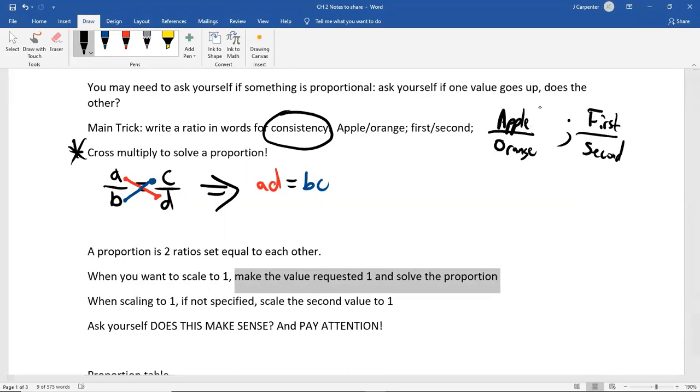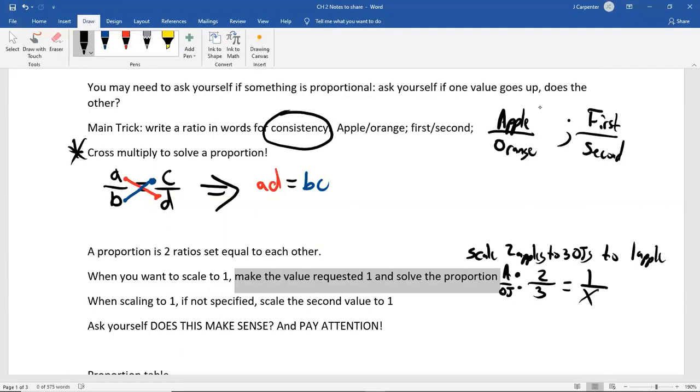So if I had something like scale 2 apples to 3 oranges to 1 apple, you'd have 2 over 3, because we're going apples over oranges, equal to, and because I said to scale the apples to 1, we'd go 1 over x. This would be our unknown. So the 1 is where the apples were. If I said to scale the oranges to 1, then the 1 and the x would be flip-flopped.